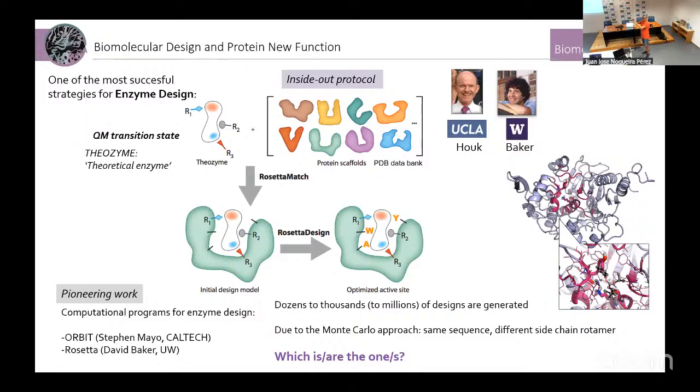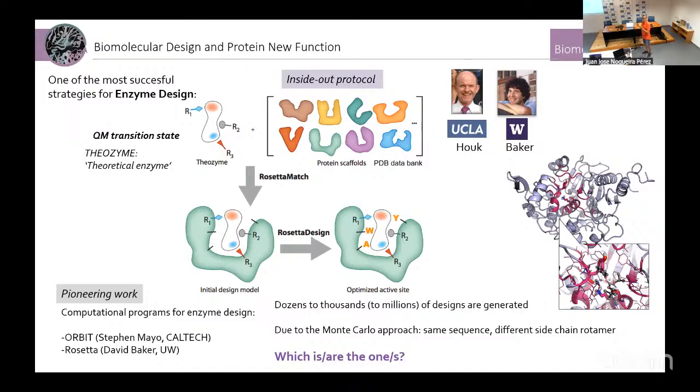So taking this quantum mechanics structure, this transition state, remember, corresponding to the rate limiting step, related to the kcat, and creating a protein backbone, a protein scaffold around it that can handle these amino acid side chains, and then can be optimized by additional mutations to correctly pack this active site, accommodate the substrate in the transition state, and be able to catalyze the chemical reaction.